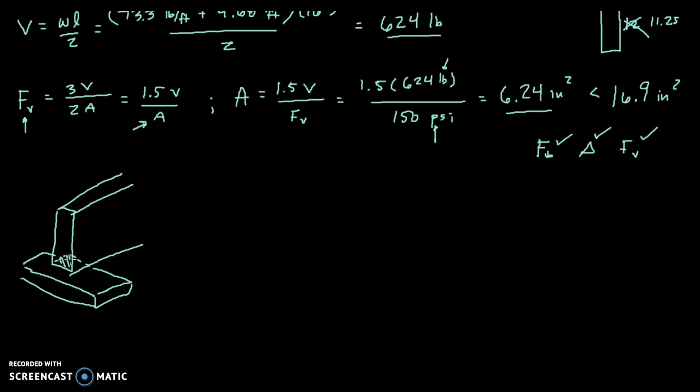There's a bearing area. And because wood is relatively weak in this compression perpendicular to the grain, this area is potentially of concern. We need to make sure it's large enough so that the load is spread out and does not exceed the maximum allowable bearing stress.